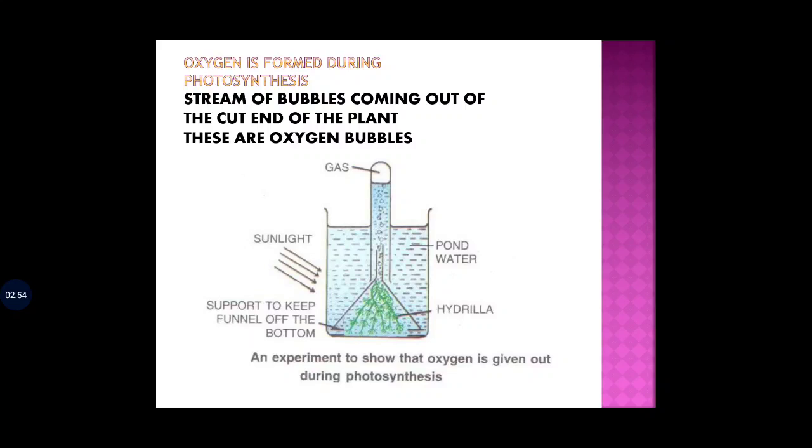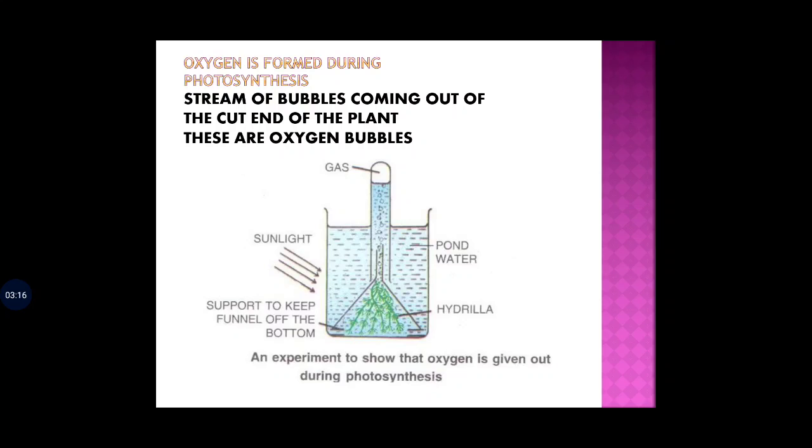To check that, certain experiments have been performed. One of the demonstrations done frequently in laboratories is the one we are going to study right now, to check that oxygen is formed during photosynthesis.